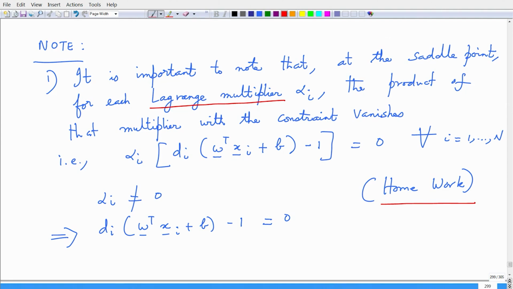Alpha I can be greater than or equal to 0, and for alpha I not equal to 0, what boils down is this condition: d suffix I times (W transpose xi plus b) equals 1. So, I want you to ponder about this condition.